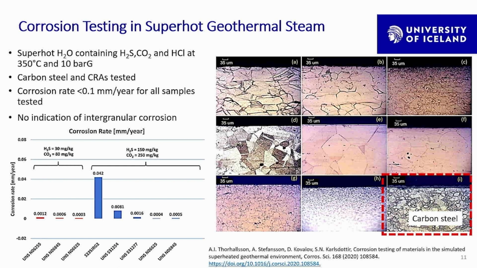And we did test on these materials that we also had for the on-site testing and had comparable corrosion rate measures. But we did not see as extensive localized corrosion. We saw that for the carbon steel, but not for the corrosion-resistant alloys to an extent.